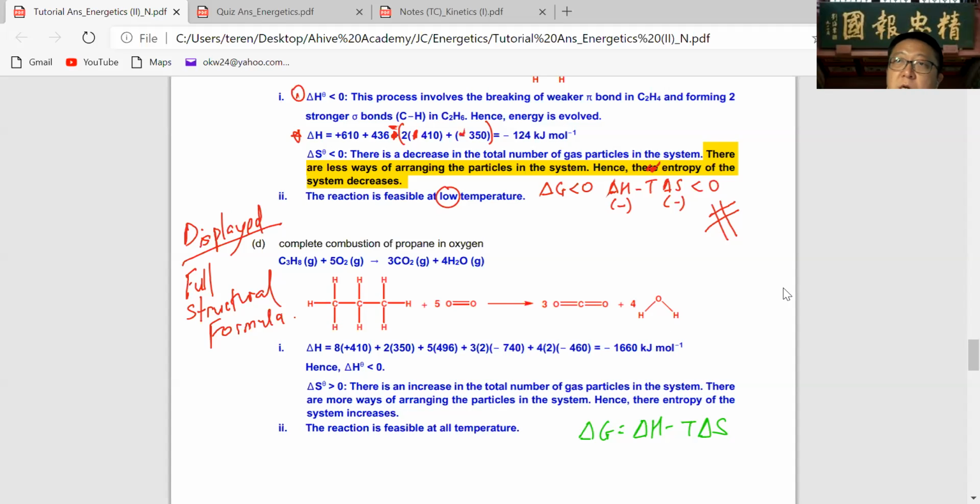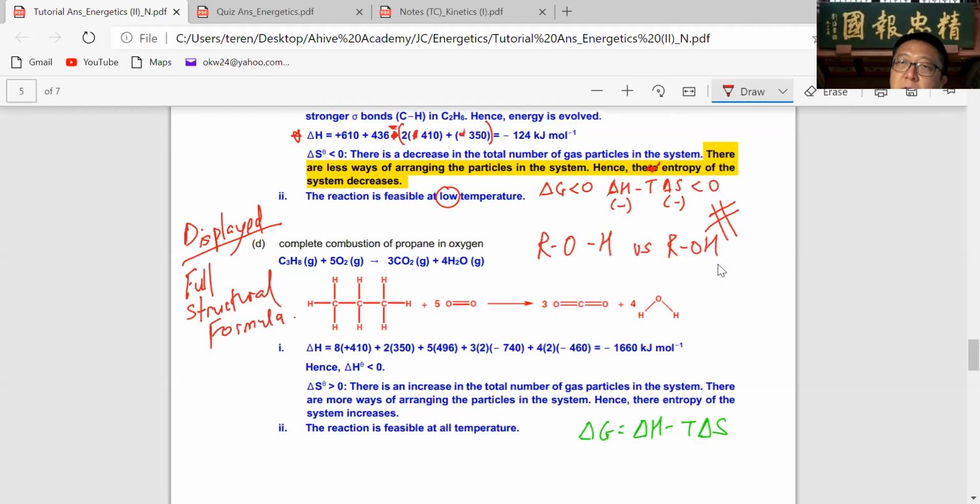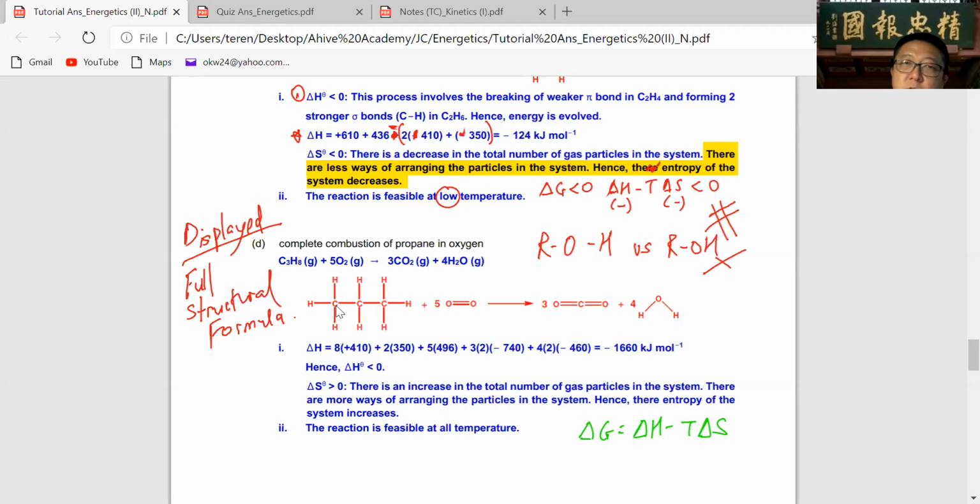Even if you have OH, as in an alcohol, you cannot put the OH together. It must be written as R-O-H, where R is an alkyl group. A common mistake is that a lot of students put the OH together. Cannot. Full structural formula shows everything.